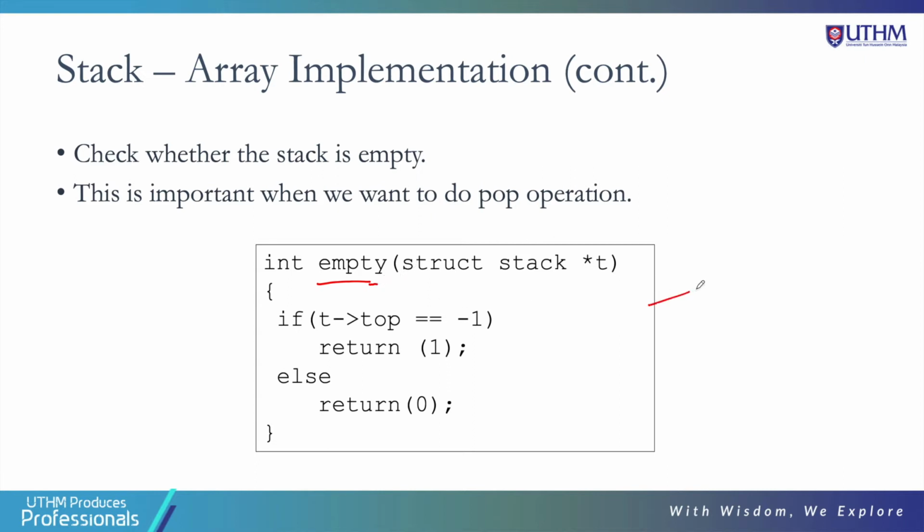Because whenever we want to do the pop operation, pop is removing any values inside the stack, we must make sure first that the stack is not empty. So if t top equal to -1, it returns 1, else it returns 0.